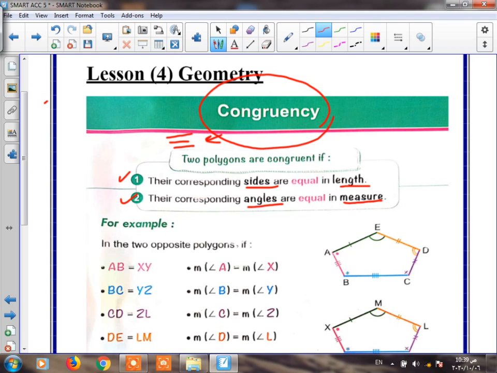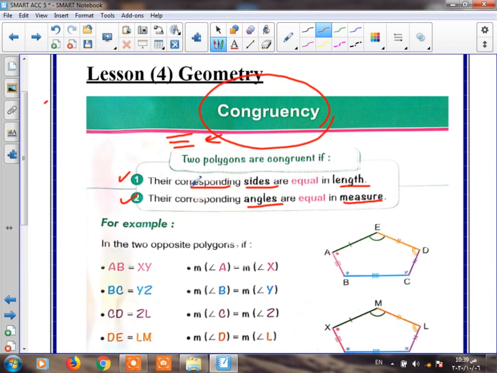Each side in each polygon is equal to the corresponding side in the other polygon.